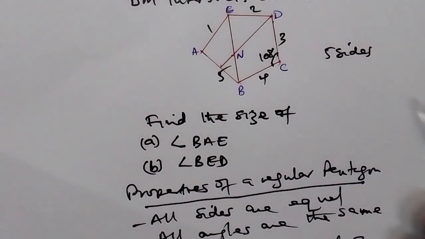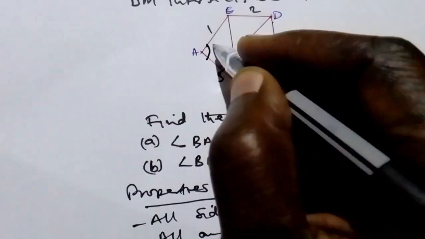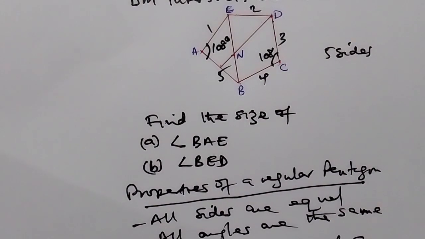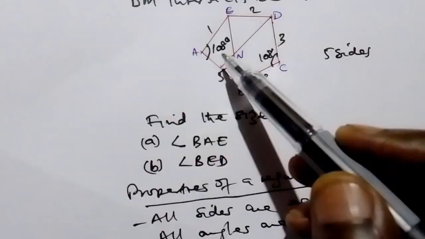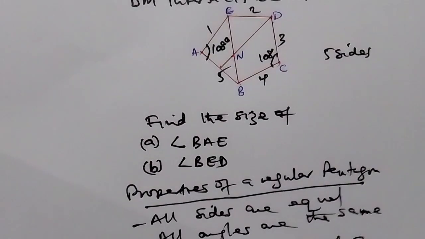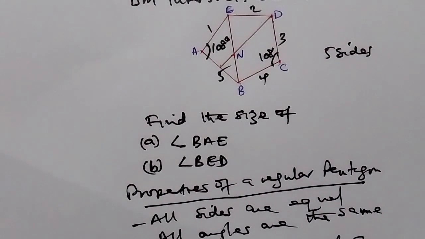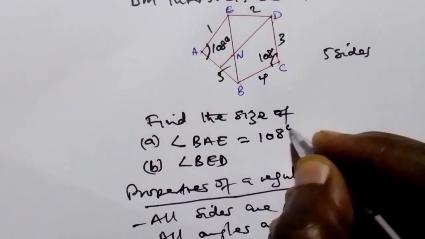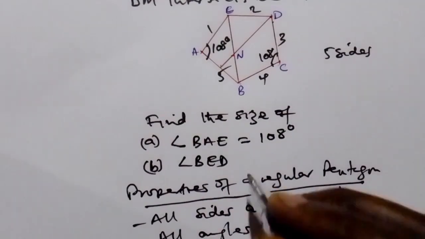Therefore this angle is 108 degrees, because this is one of the properties of a regular pentagon: all angles are the same. So our part A, find the size of angle BAE. Angle BAE is 108 degrees.